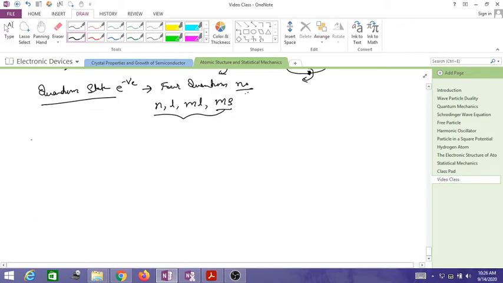Therefore the maximum number of electrons that go in a subshell l is given by 2(2l+1). So it is restricted by this equation. Let me write here the formal Pauli exclusion principle.